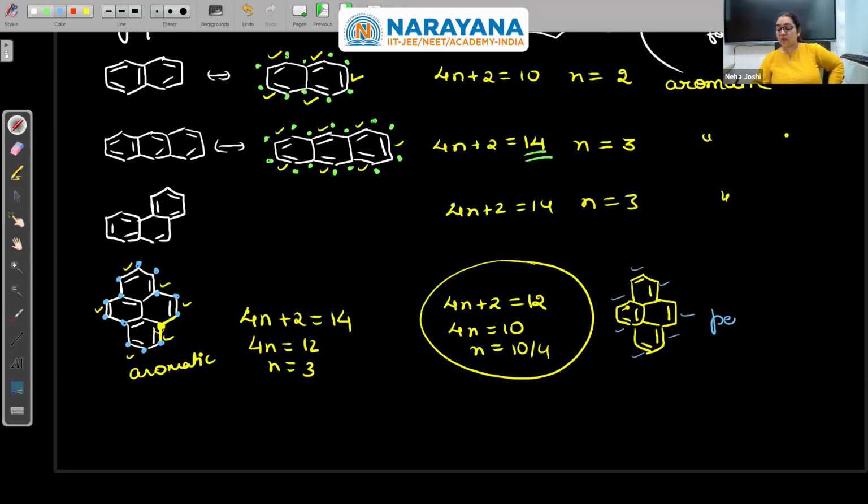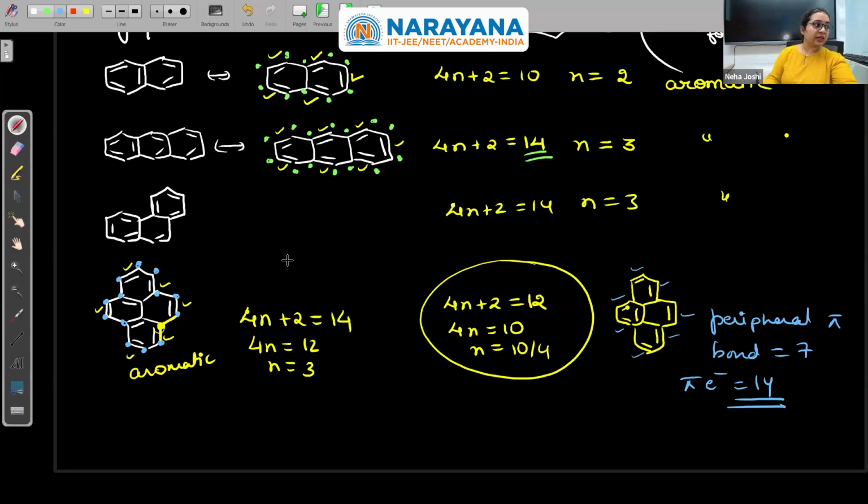See here, peripheral pi bonds. Pi bond is 7. So pi electron 14. So now this resonating structure, if they have given, you will land the correct answer. This resonating structure, you may get confused and land to inappropriate. So that is why I'm saying in neutral, it is better to count the peripheral carbons and go for the calculation of 4n plus 2. That is faster, easier, and safer.